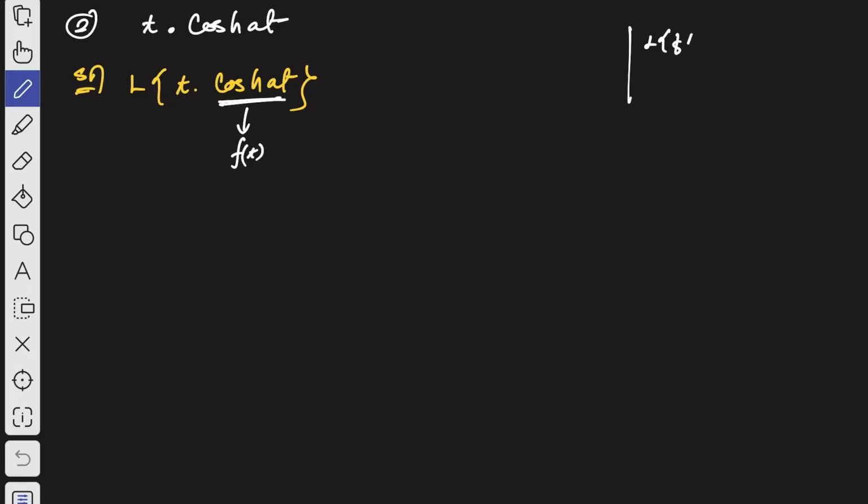If Laplace transformation of f of t is capital F of s, then Laplace transformation of t dot f of t is given by minus 1 to the power n on nth order derivative. So suppose you have not t only, t to the power n, then nth order derivative with respect to s of f of s.